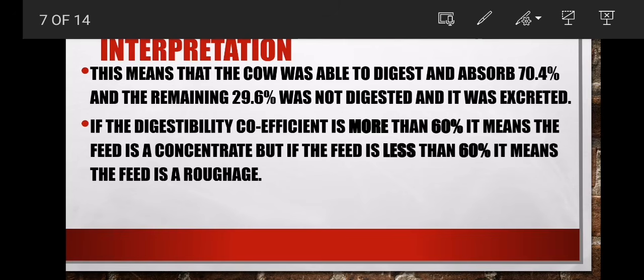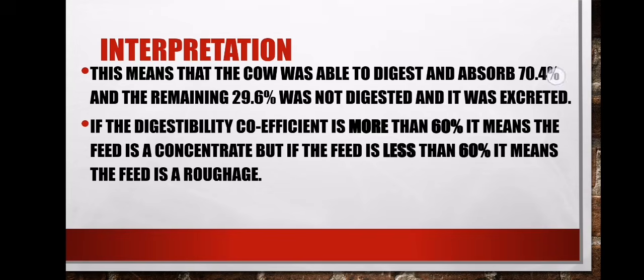So now, let's look at the answer that we got. The answer that we got here is 70.4. So it means it's more than 60. We said if it is more than 60, we categorize it under what? Under concentrates. So let's check what they said here.